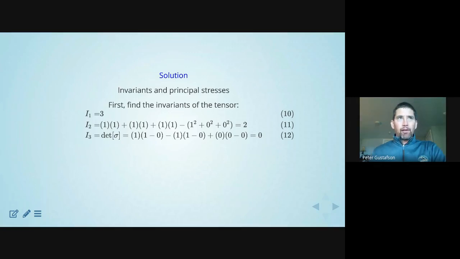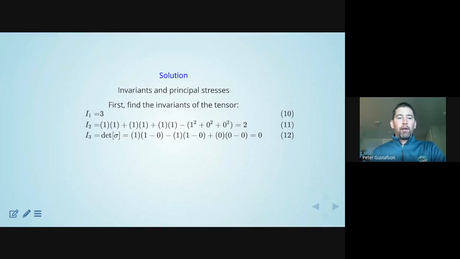We write the matrix [1 minus sigma p, 1, 0; 1, 1 minus sigma p, 0; 0, 0, 1 minus sigma p]. We take the determinant of that matrix. We take the characteristic equation that results. We make sure to put it in standard form, so the leading coefficient on sigma p cubed is 1. And then we look at what the other coefficients are.